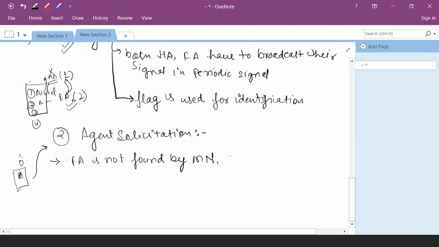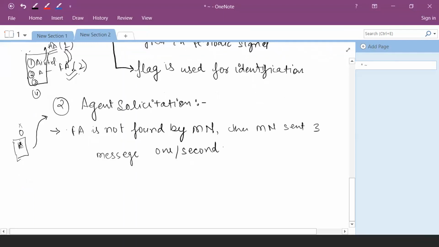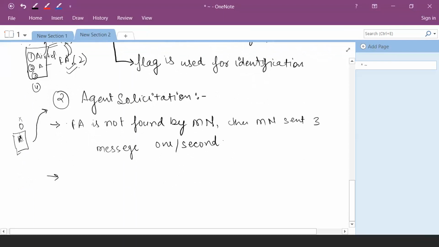Then what does the mobile node do? The mobile node will send three messages, one per second. Three messages means periodic signals, one per second. By using these messages, it has to catch any network.